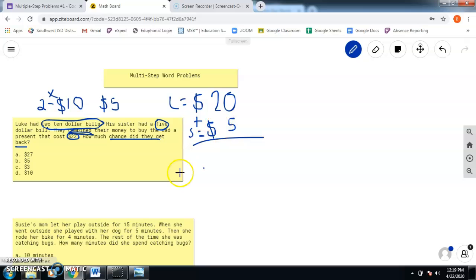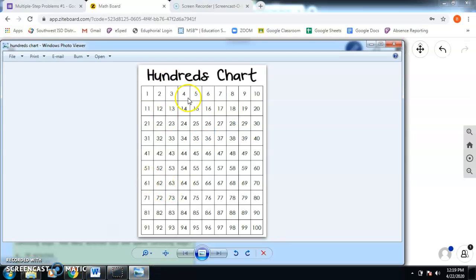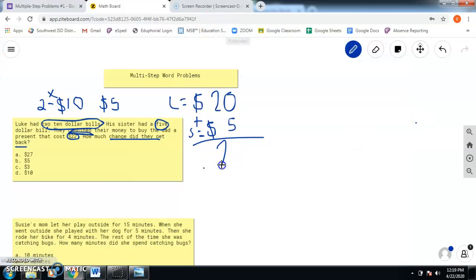Okay, so using our hundreds chart, we have 20 plus 5. Start at 20, add 5, 1, 2, 3, 4, 5. Okay, that equals 25. So we know altogether they had $25. Now, the present cost $22.